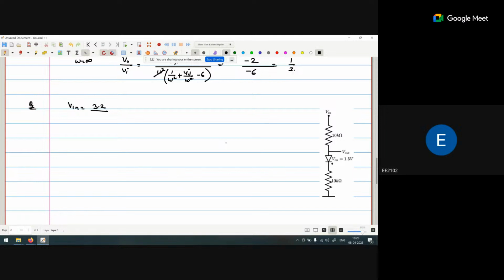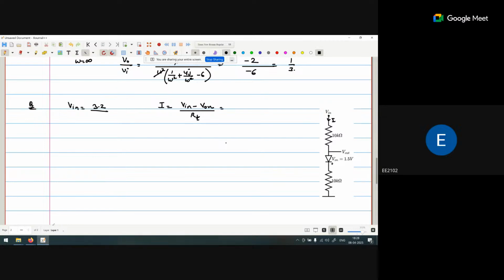Any idea what is the current that is flowing? Sir, V in minus V on upon total resistors, maybe. Yeah. So the value of current that is flowing, if I say this is the current I, is V in minus V on upon total resistance RT.